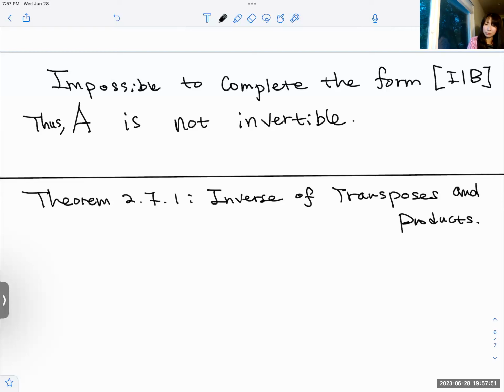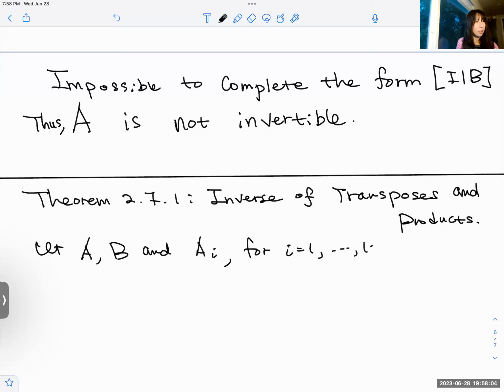Okay, so let A and A sub i for i equal to 1 through k be n by n matrices.